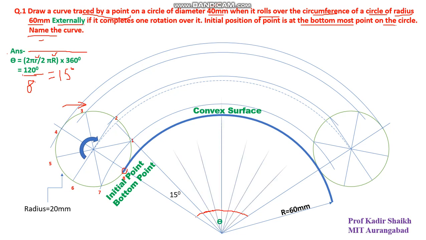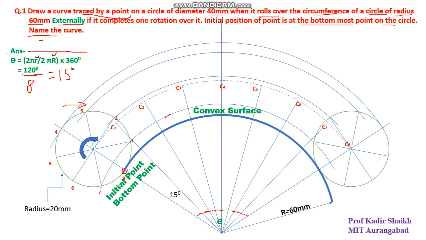So divide this bigger circle into 8 equal parts, so that it is going to cut the center line at C1, C2, C3, C4, C5, C6, C7 and C8. Now follow the same procedure as it is going to roll on the convex surface, and we have drawn the various curved projectors.